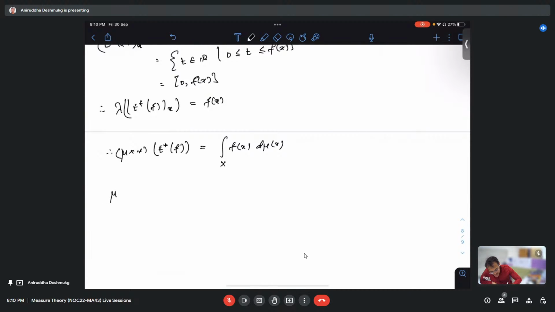Another way I can do it is that mu cross lambda of E star f is equal to the integral over R of mu of E star f t, d lambda t. Sorry, the measure here is the Lebesgue measure, so rather than writing nu, let me write lambda.